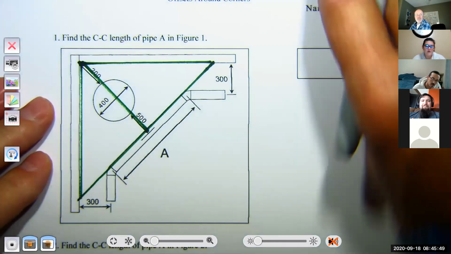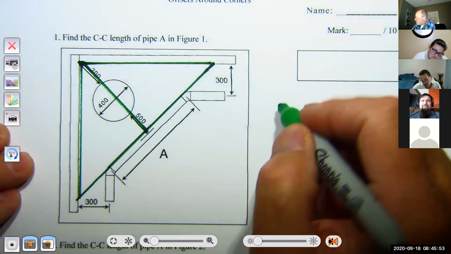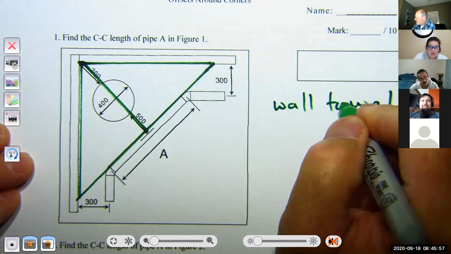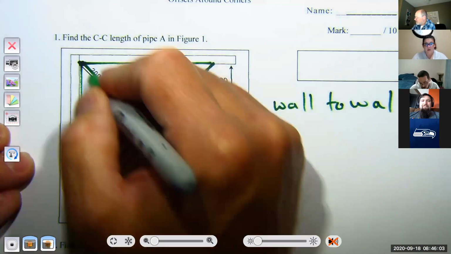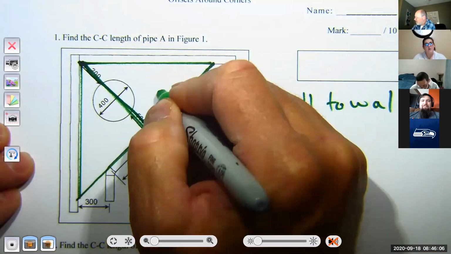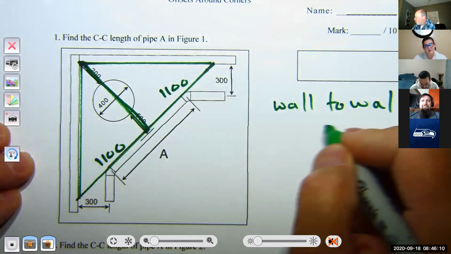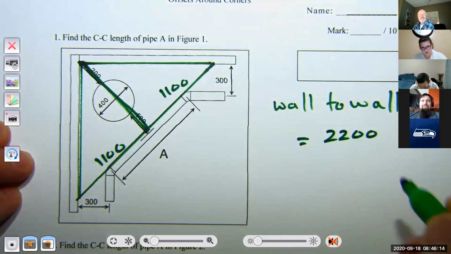Let's find our wall-to-wall measurement. Does anybody figure that out? 2,200. That is correct, because this line is 1,100, that line is 1,100, that has to be 1,100. So wall-to-wall is equal to 2,200. Very good.